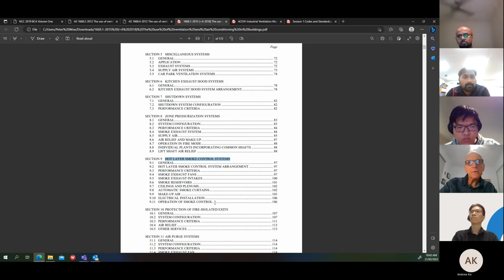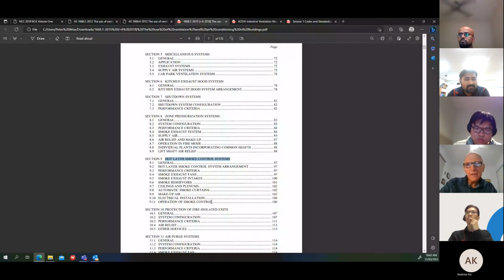I think if you're a typical HVAC engineer, you walk into a shopping centre, or any building, and you're looking at the ceiling. What's up there? You'll often see, in a Woolworths or a Coles or a Kmart, one of those big stores, a bunch of grills in the ceiling.